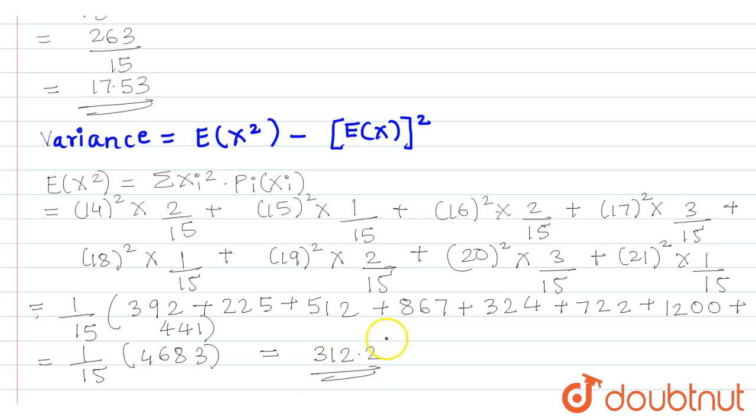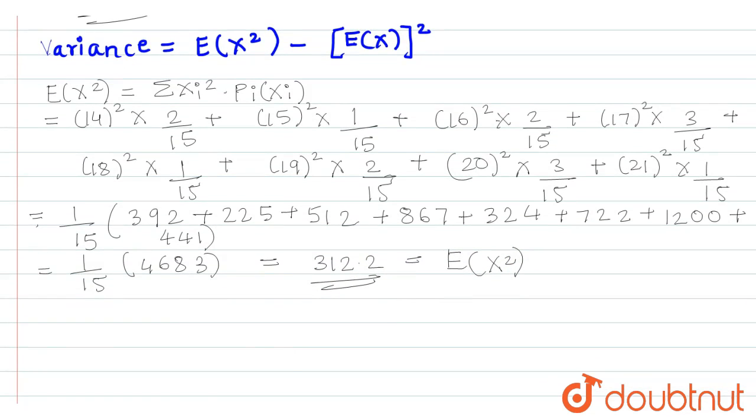So this is the value of E bracket x square. Why have we calculated this? Because we are going to use this part in the variance formula. So what was the variance formula? Variance was E x square minus E of x bracket square.